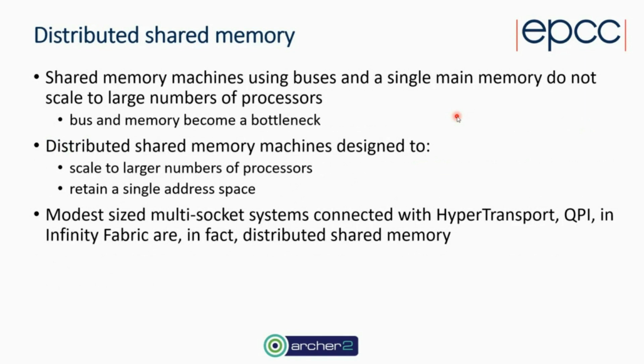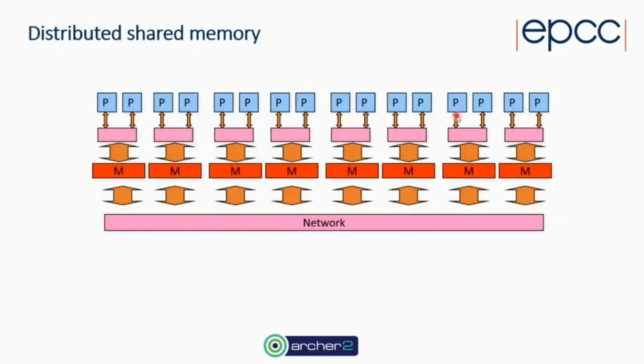Beyond a single core and a single processor, we can also look at shared memory between cores and between processors on a single system. And so this is what we call distributed shared memory. Because we have two processors on an ARCHER2 node, they each have their own memory, but it's shared across the node.